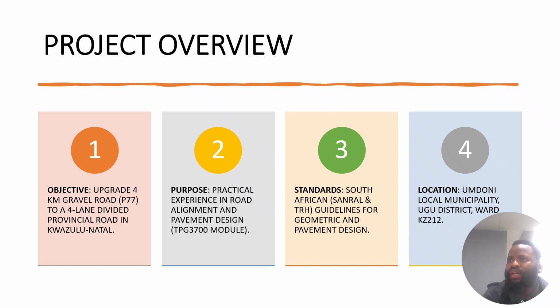The standards used were SANRAL and TRH as well as guidelines for geometric and pavement design. The location of the site is the Umdoni local municipality, the Ugu district, Ward KZ 212.